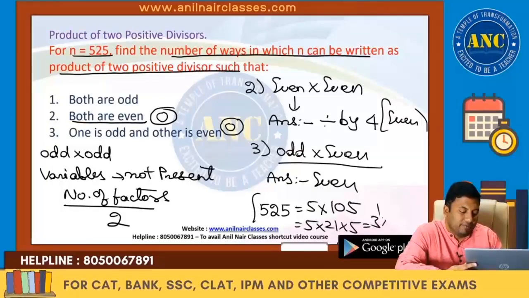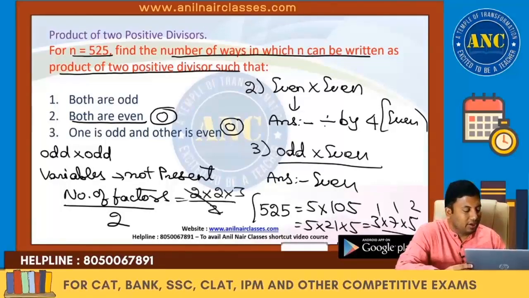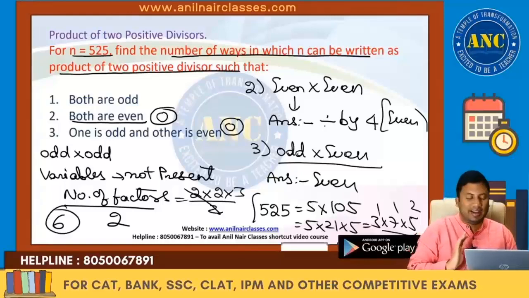So it is 3 into 7 into 5 square. So the number of factors will be 2 into 2 into 3 divided by 2. 2 threes are 6. I hope the concept is clear. Idea is clear, right?